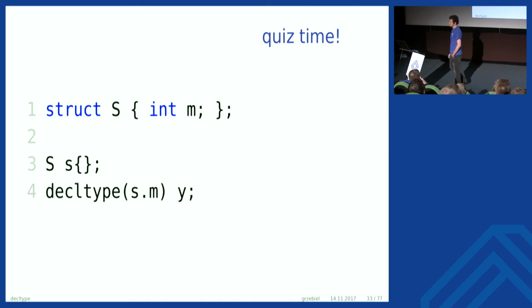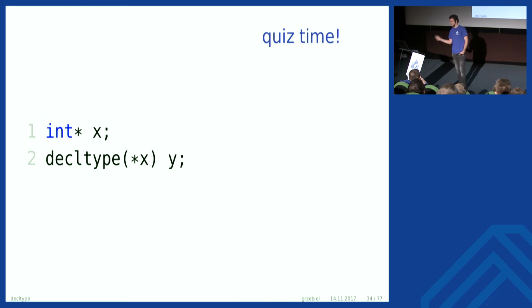Forward. Exactly, integer. Don't be so shy. I cannot spoil who gives the answer, so. Reference, exactly. Reference to an integer, because operator star already said that it returns a reference to an integer. Let's go forward.